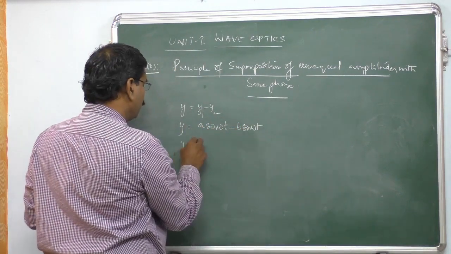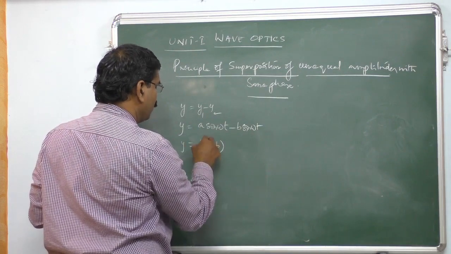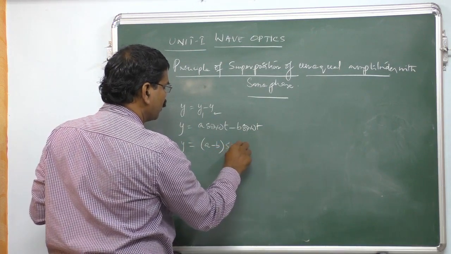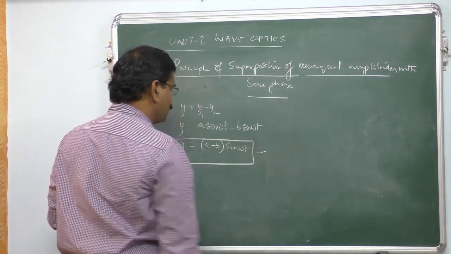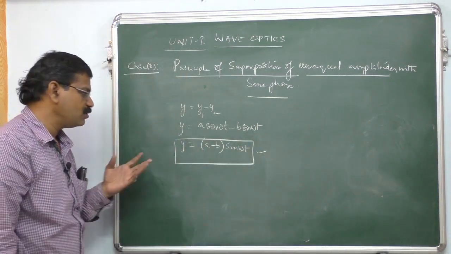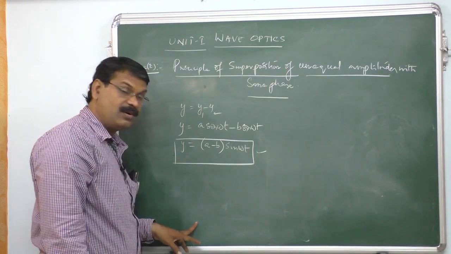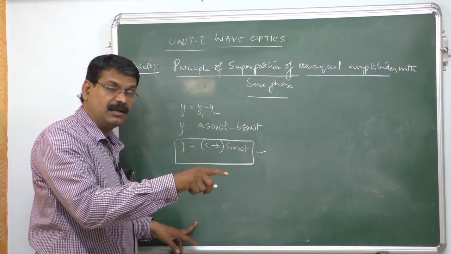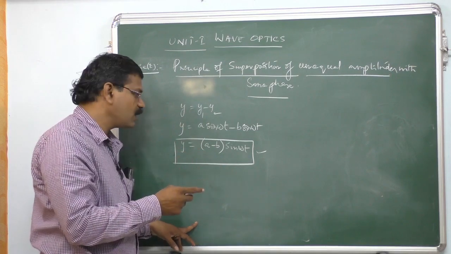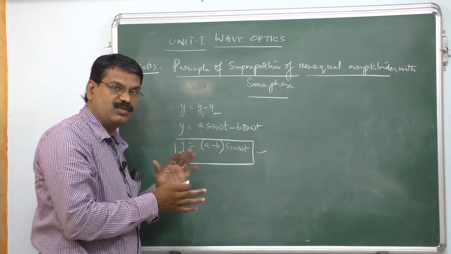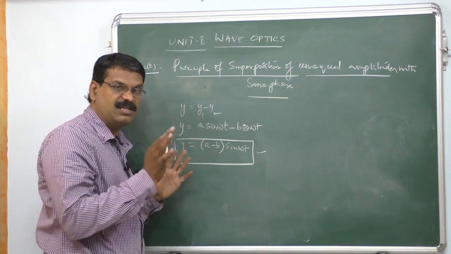If we take sin omega t as common, it is (a minus b) sin omega t. If you compare the previous equation and the present equation, in the first, y equals (a plus b) sin omega t, which means the resultant amplitude is the sum of the amplitudes of the two waves. In both contexts we consider unequal amplitudes, but the phase is not changing.